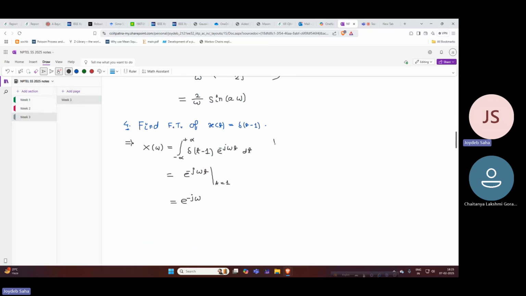Now we will solve it in another way. We know the time shifting property. Fine. What is the time shifting property?